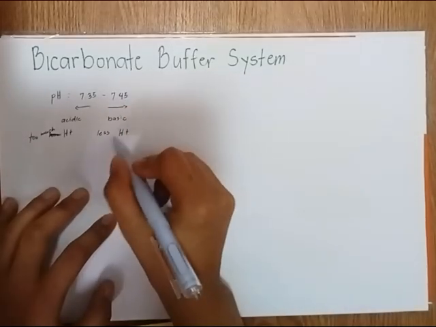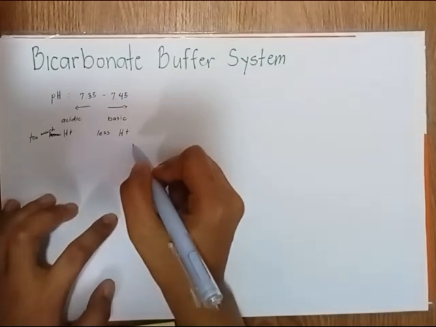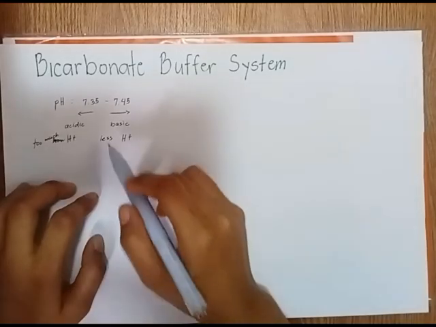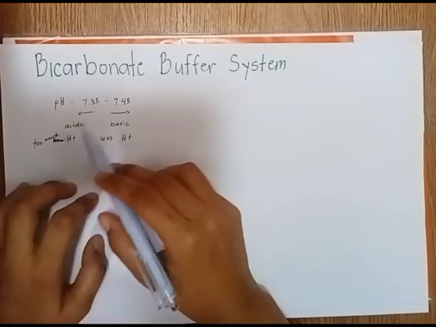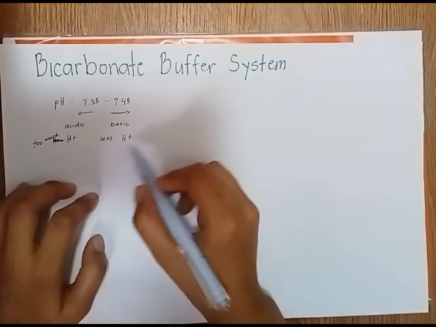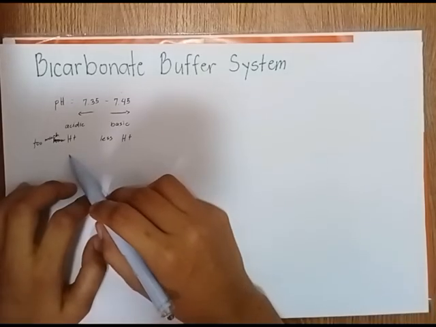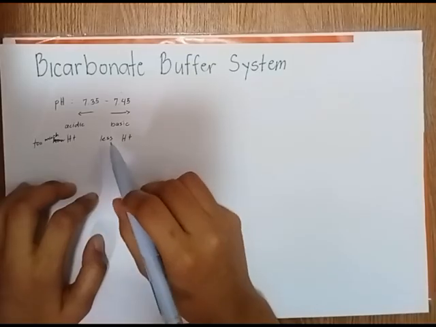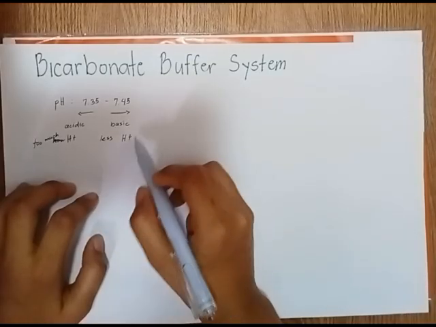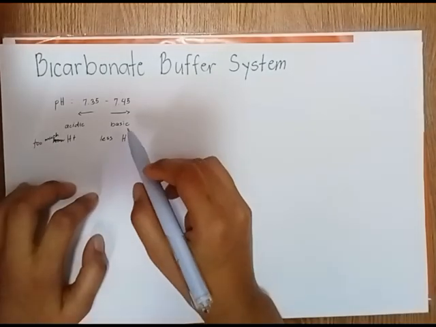This H+ here means hydrogen ions. So pH is simply how many hydrogen ions we have. If we have a lot of this, then our blood is acidic. If we have less or not enough hydrogen ions, then our blood is basic.